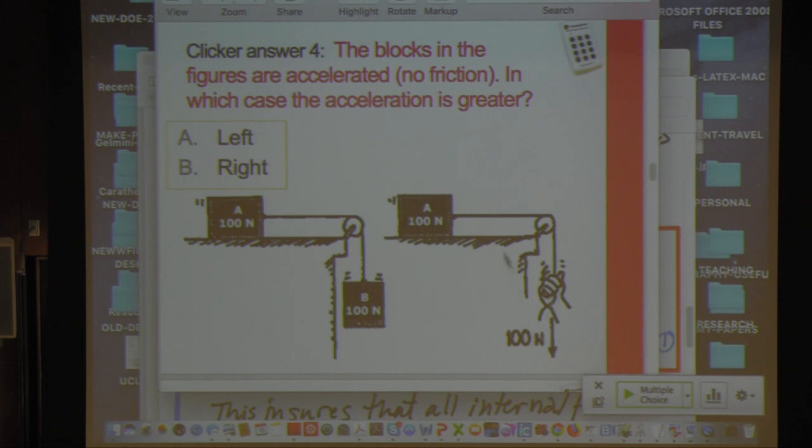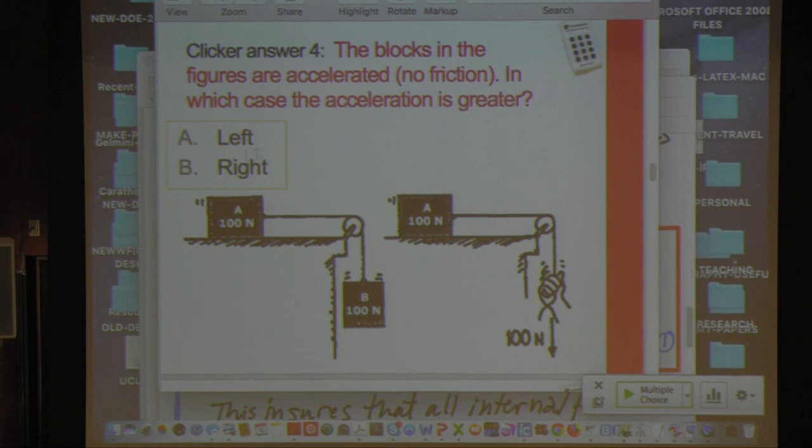So this body will be accelerating with a larger acceleration. In this case, where the hand is pulling, or in this case? Here the tension is smaller than 100 newtons. Here the tension is 100 newtons.